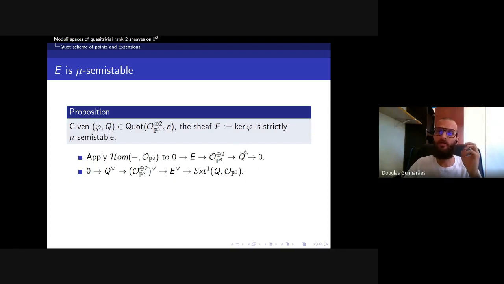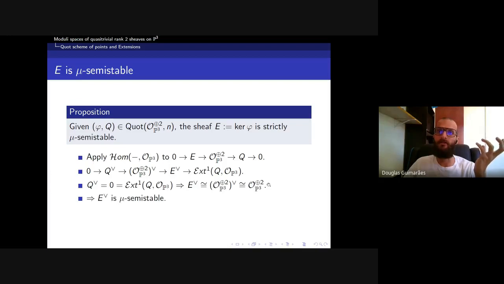So since Q has dimension 0, this Q dual here is 0, and this Ext^1 is also 0. And so we have this isomorphism in the middle here. And since this E dual is isomorphic to two copies of O, and since two copies of O is μ-semistable, this implies that the dual of E is μ-semistable.